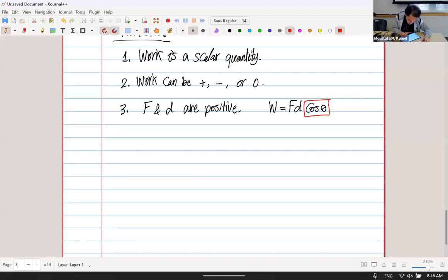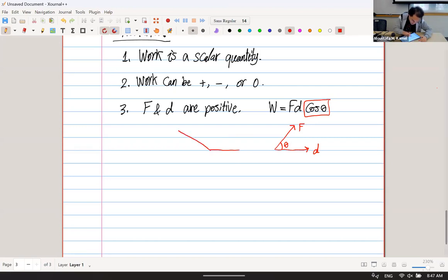So if you have the force, let's say we have the displacement this way and the force this way, and this is theta. Theta is less than 90 degrees, so cosine of an angle less than 90 degrees is positive. So in this case, work is positive.